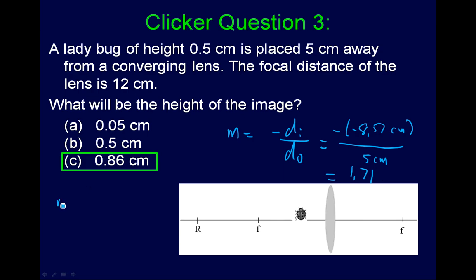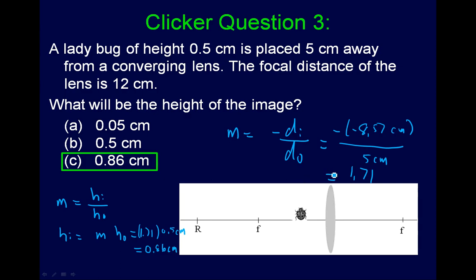Another way to write magnification is hi over ho, and we're trying to find the height of the image. So hi will equal m times ho, and I just put in 1.71, and then we're told that the height of the ladybug is 0.5 centimeters. If I plug that in, I get my 8.6 centimeters.